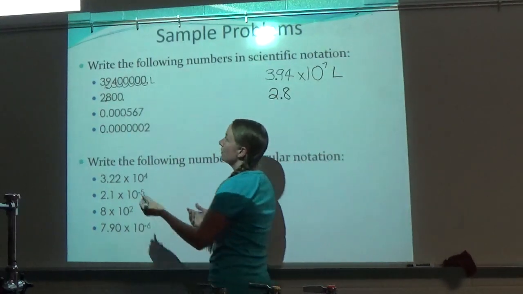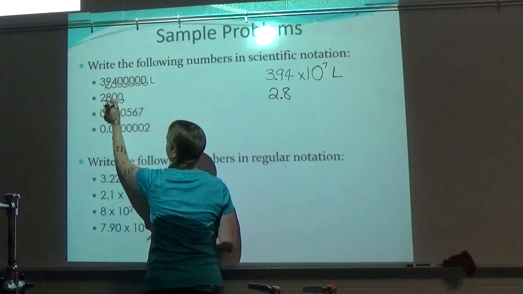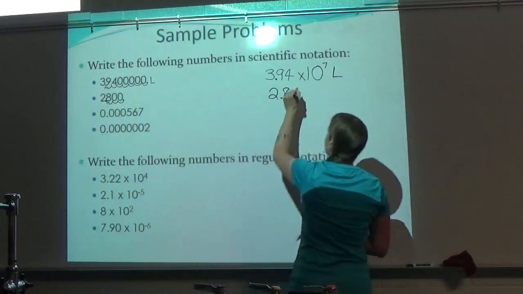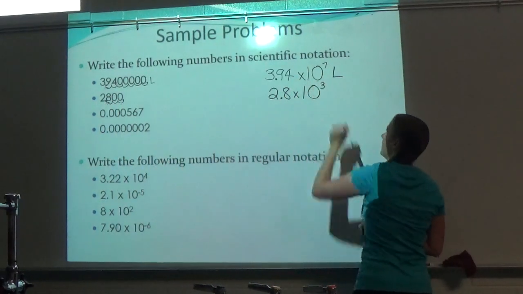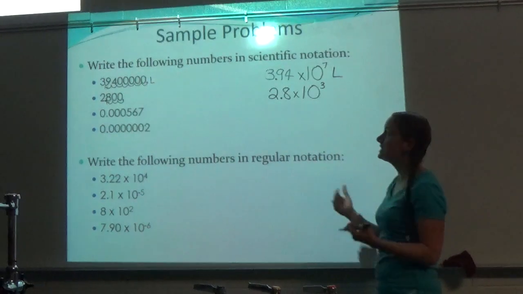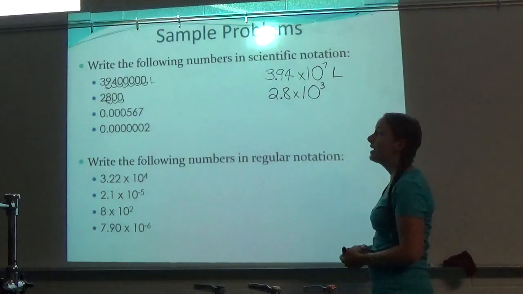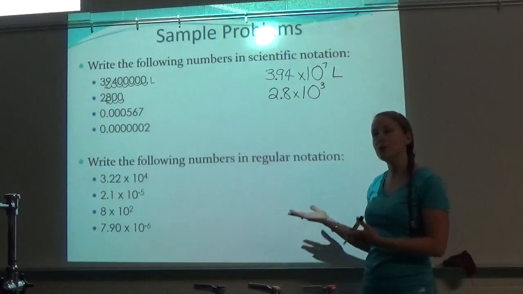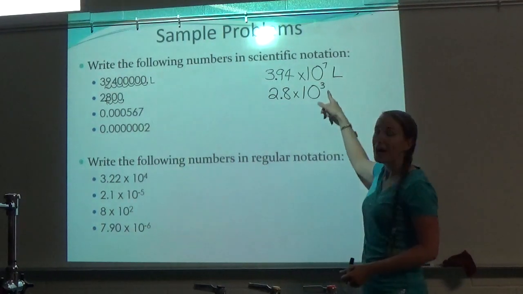Then I just count over to see what my power is going to be. So 1, 2, 3. So it's times 10 to the 3. And if I had a unit, I would put my unit at the end of that number. That's what it looks like if you have a large number, or a number greater than 1. Your power is positive.